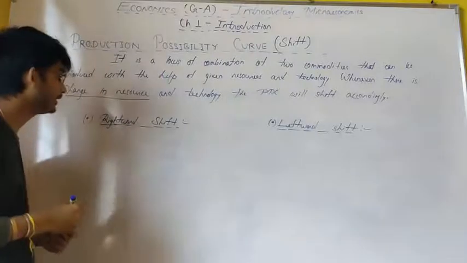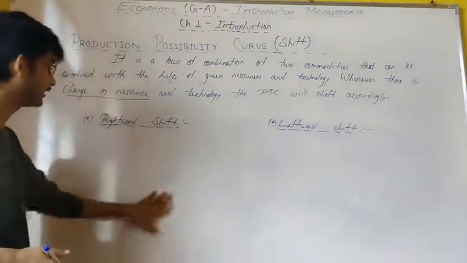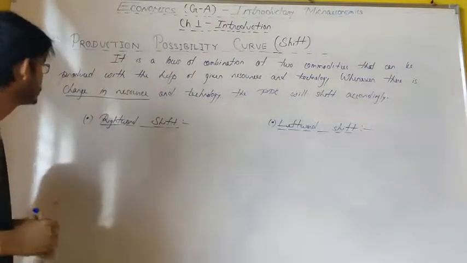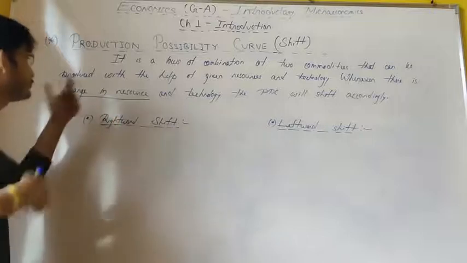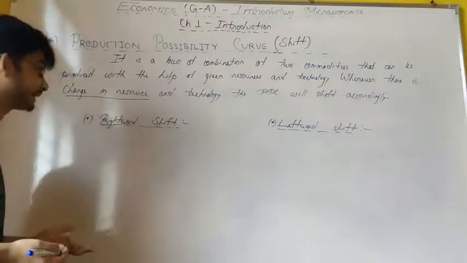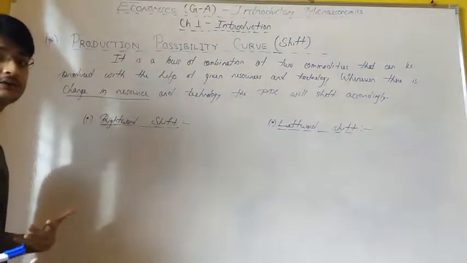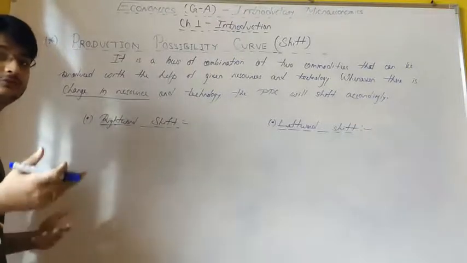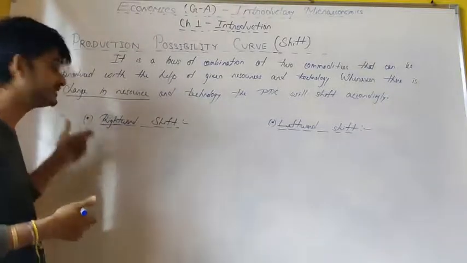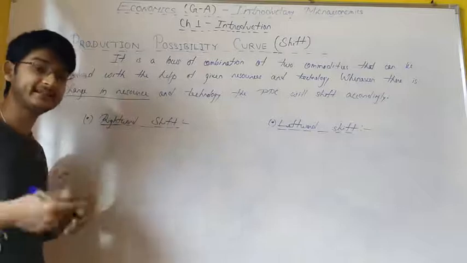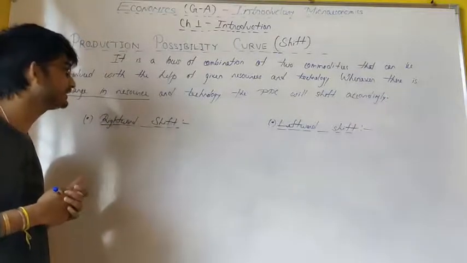What could be the formal definition of a rightward shift? Whenever there is some increase in resource and technology, the PPC will shift rightwards, from left to right. This change simply indicates there is some positive change in resource and technology.